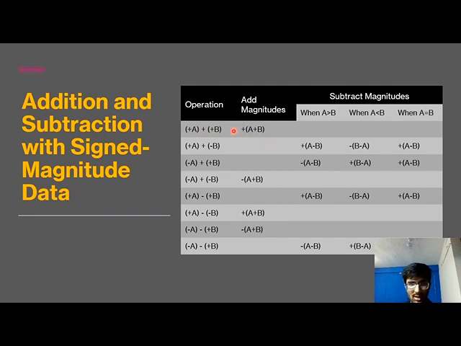Now in the second part, we have to add plus a and minus b. The signs are different, so we subtract the smaller number from the larger number, a minus b. Here three conditions occur: when a is greater than b, when a is less than b, and when a is equal to b.